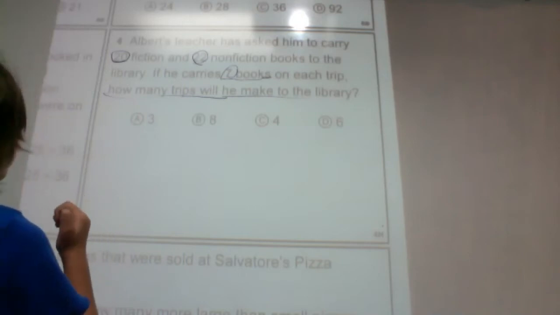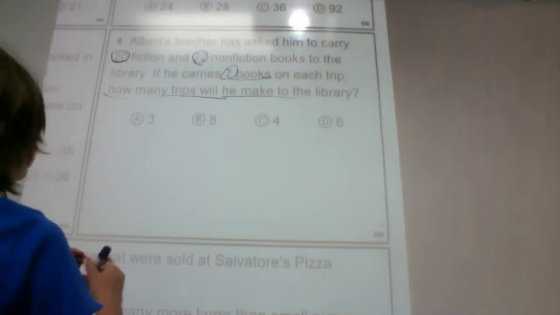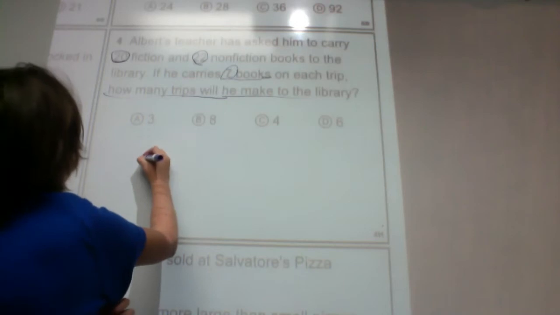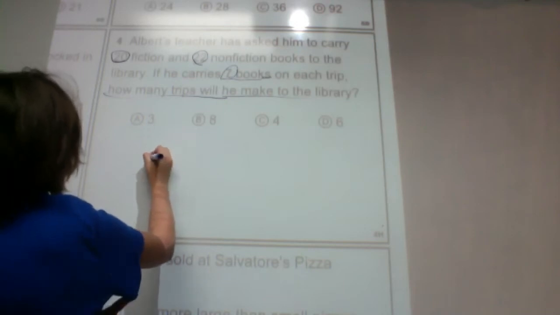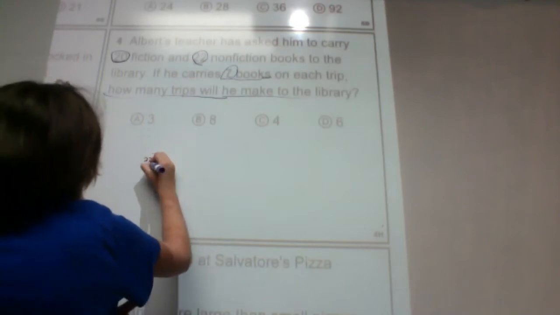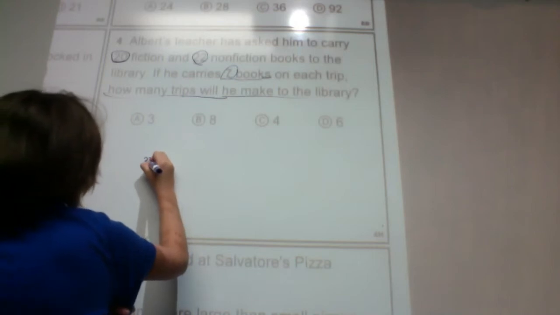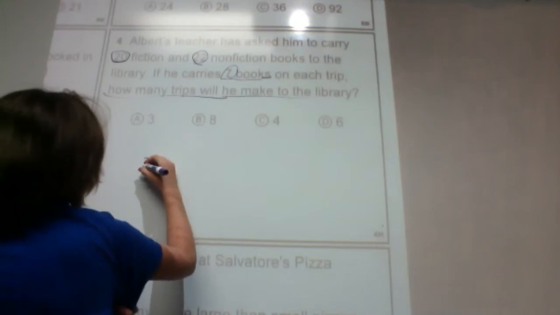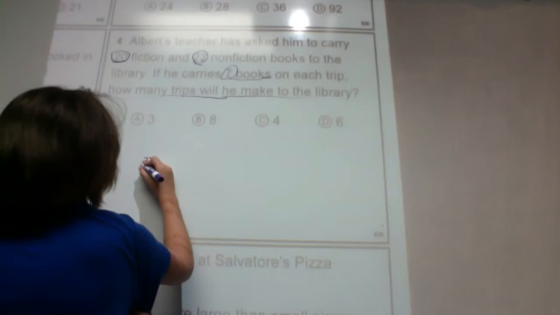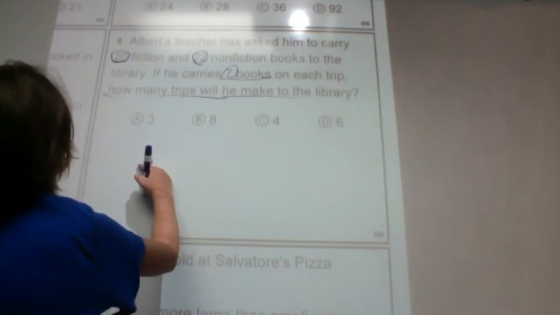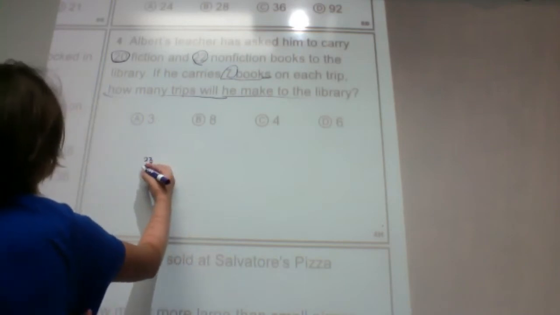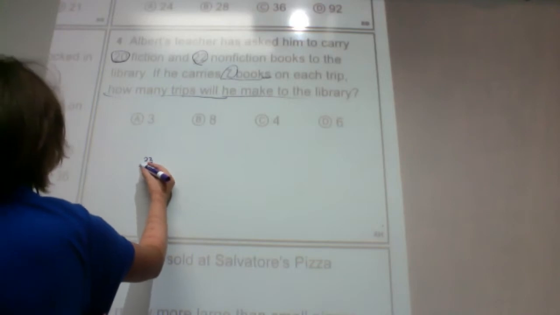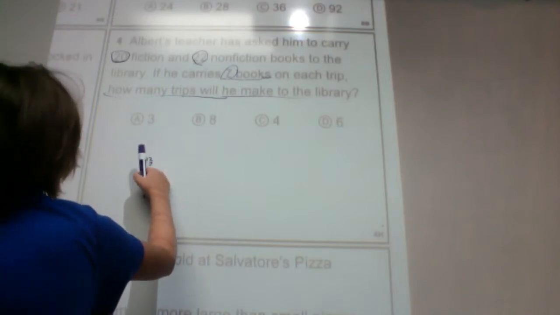So what do you need to do first? We need to figure out how many books he's gonna have to carry, right? So what do I need to do to figure out how many books in all?